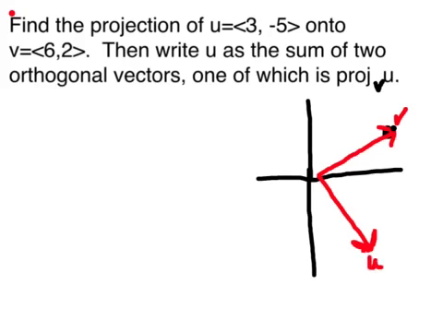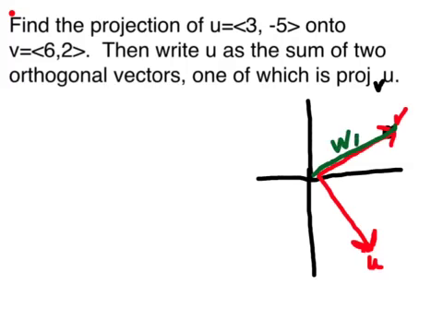Now, if I want to break this down, what I have to do is make W1 parallel to one of the vectors. So I'm going to draw W1 here. It's really sitting on top of this red line, but I'm going to draw it like this. And W1 is parallel to vector v.